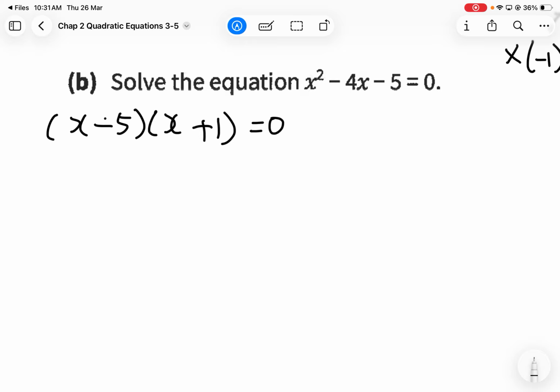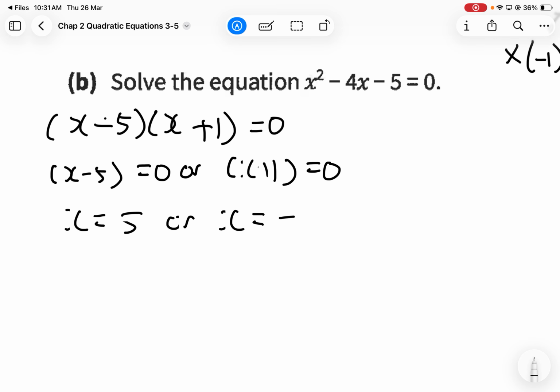Okay? Factorization. Then you will get x minus 5 equals to 0, or x plus 1 equals to 0, x equals to 5, or x equals to negative 1. Magic.